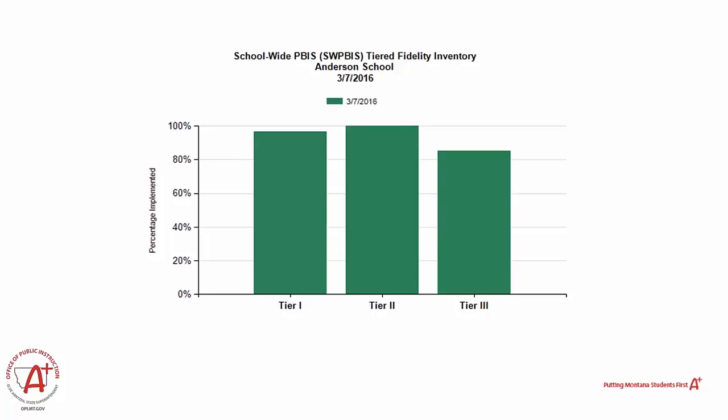So Anderson School with Tier 1, you can see, is close to 100%. Tier 2 at 100%, and then at Tier 3, between 80 and 90%. So we have some really lovely numbers from Anderson School.